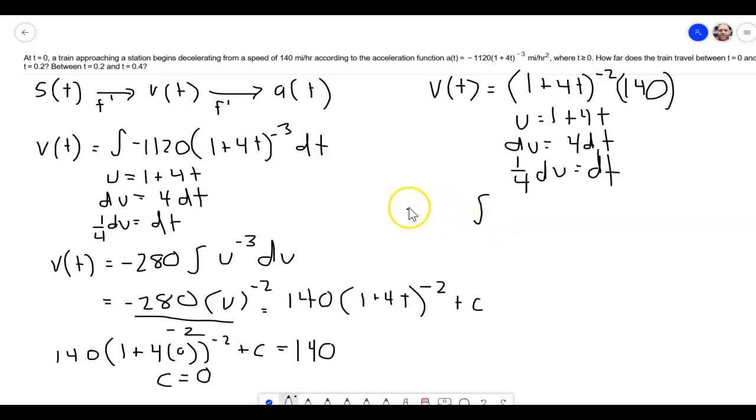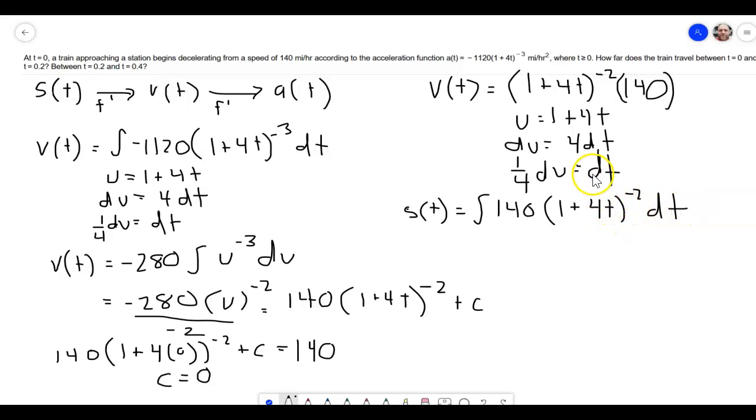So now I'm going to set this equation up in an integral like this. So this is my position function, equal to the integral of 140 times (1 plus 4t) raised to the negative 2 dt.